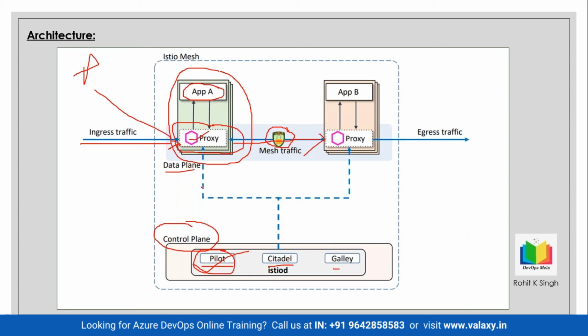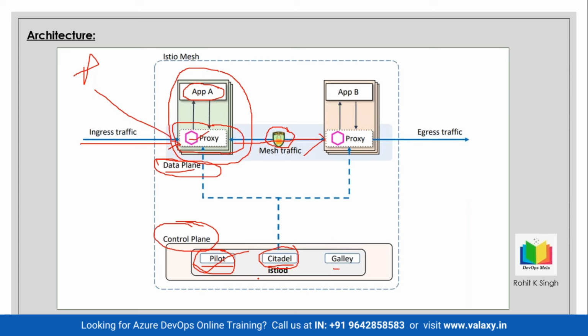Followed by that we have something called Citadel. Citadel gives you keys and certificates to enable secure connections. When you install Istio, you get the data plane and the control plane, and along with the control plane, these are the services you get.